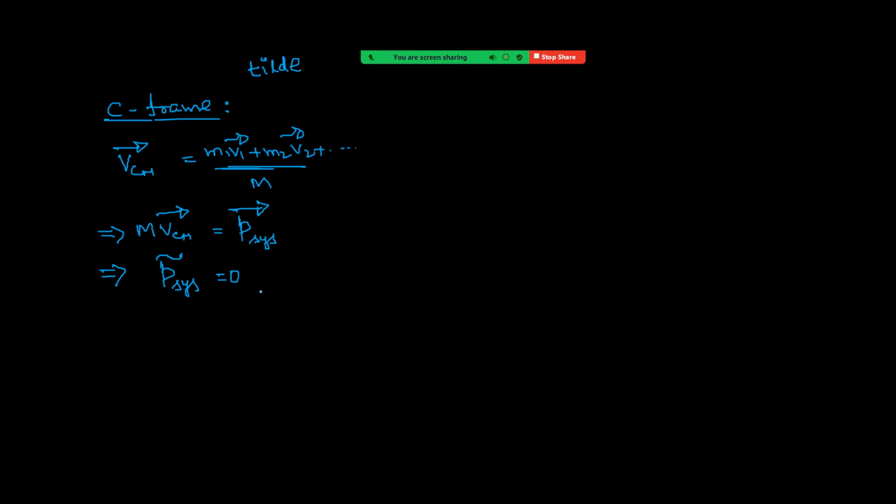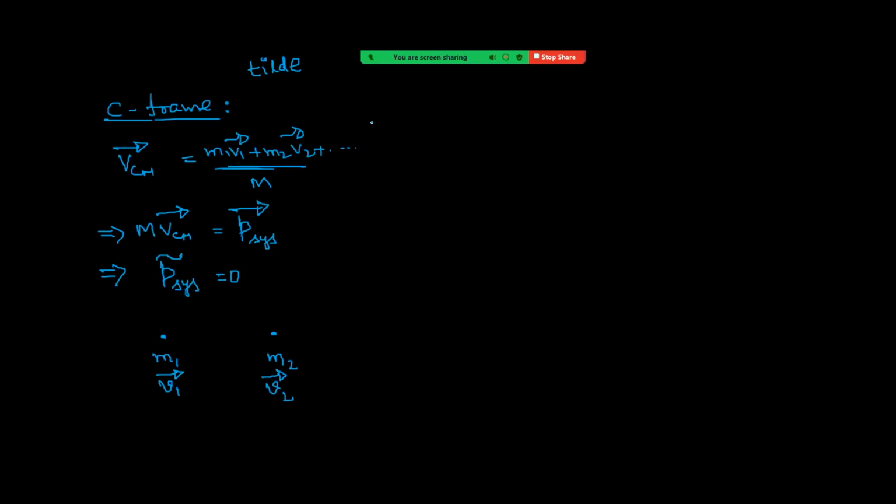Suppose we consider a two particle system. Masses M1, M2, their velocities V1 bar and V2 bar. So we are now focusing on the two particle system.